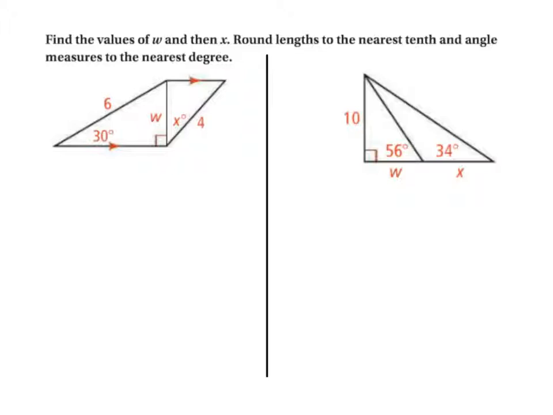I'm going to do this triangle here with you. Let's work on this triangle because I feel like they've given me most of my information in there. I've got the angle. They've given me the hypotenuse.